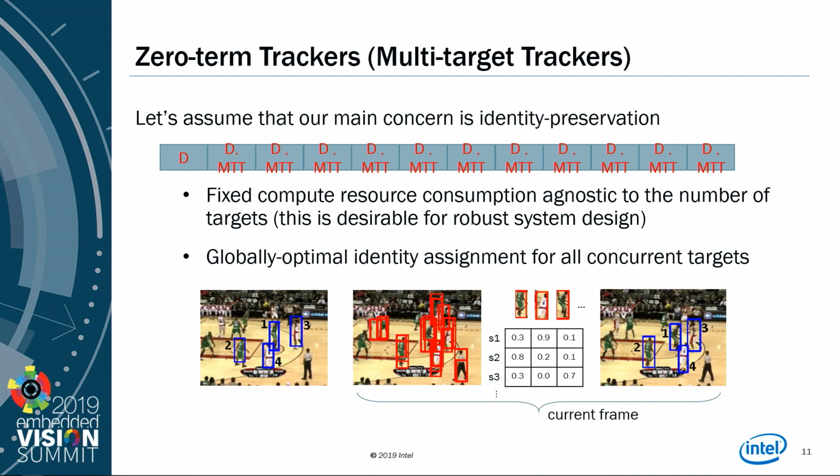To do that, you can make a complete confusion matrix or similarity matrix based on the similarity score, and you can find the optimal correspondence based on that. Every multi-target tracker is designed something like this.